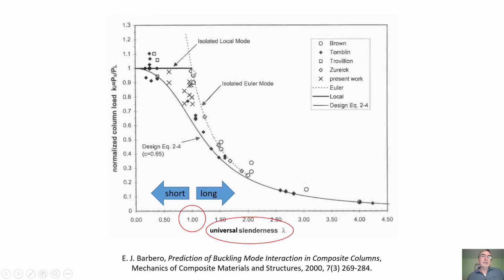If you make your design with a lambda more than 1, then the Euler equation will dominate, and that means that you see the Euler load drops fast with the slenderness. So if you make a column a little bit more slender, then you effectively lose a lot of load capacity. So the designers will stay away from this curve and will always want to work in this region.